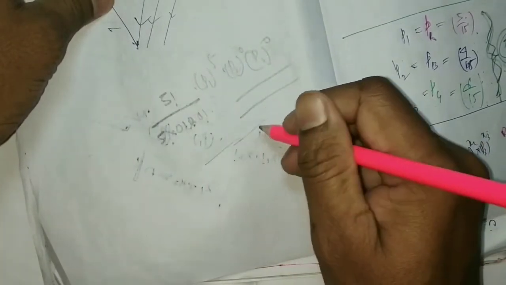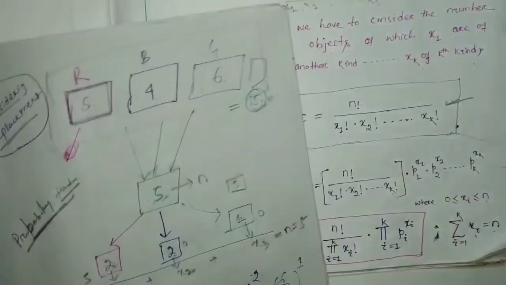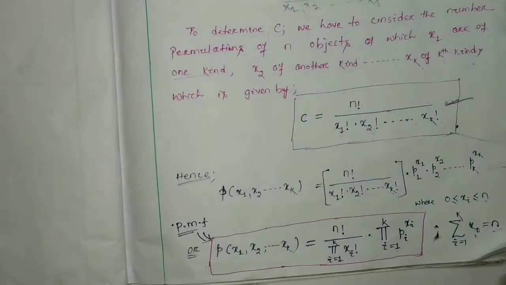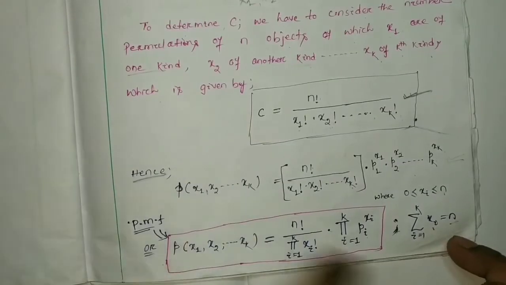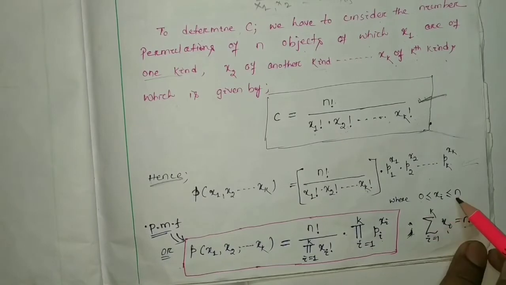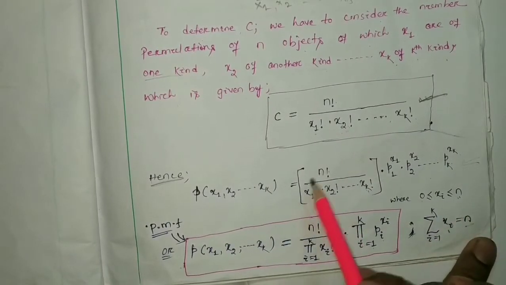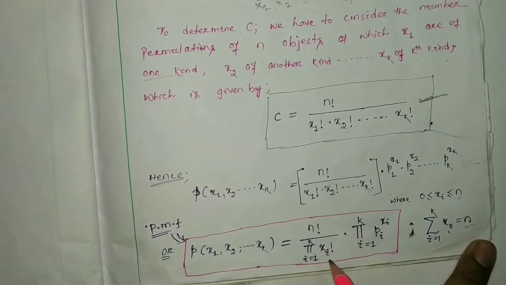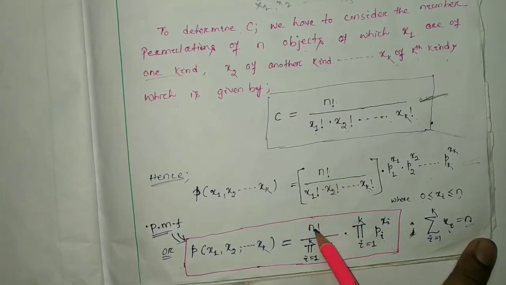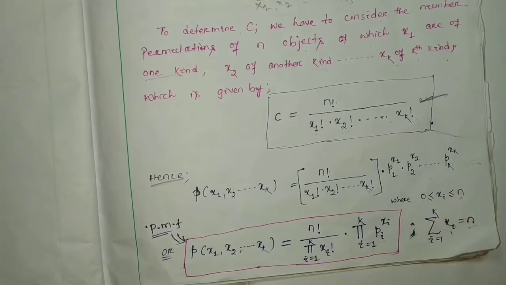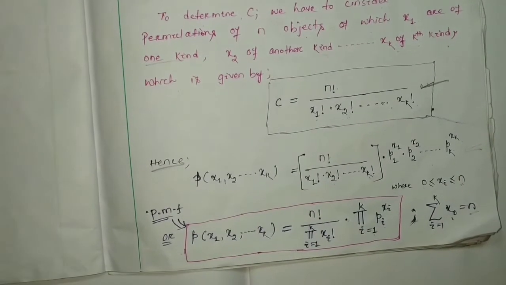What will be the answer? That will be the answer for that question. So here xi is between 0 and n. In short, this can be written as n factorial over the product. This is called the product summation.